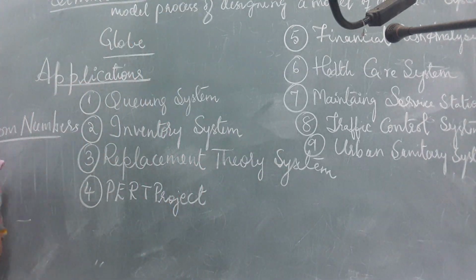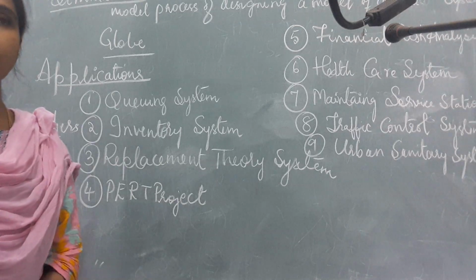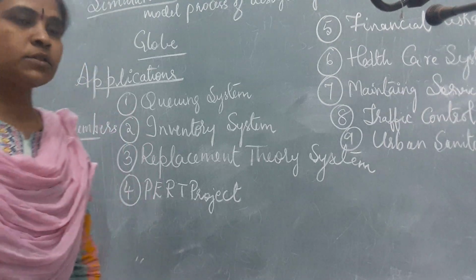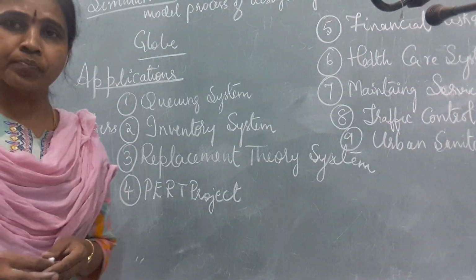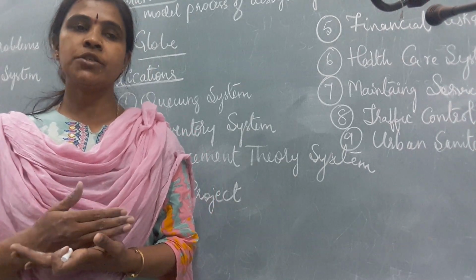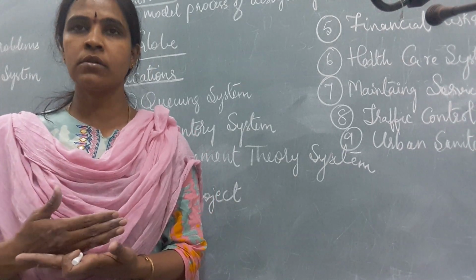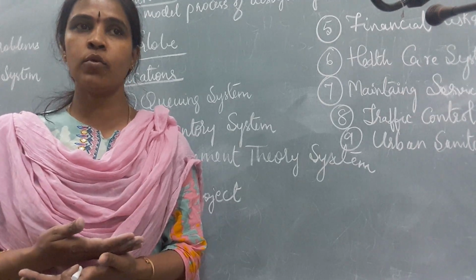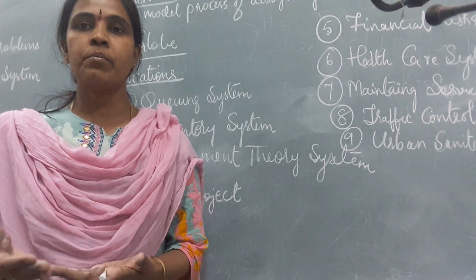Speaking about simulation, there are a lot of applications available. First one is the queuing system. Service organizations are supposed to process the customers who come for availing the service. A better example would be a bakery or a petrol bunk.